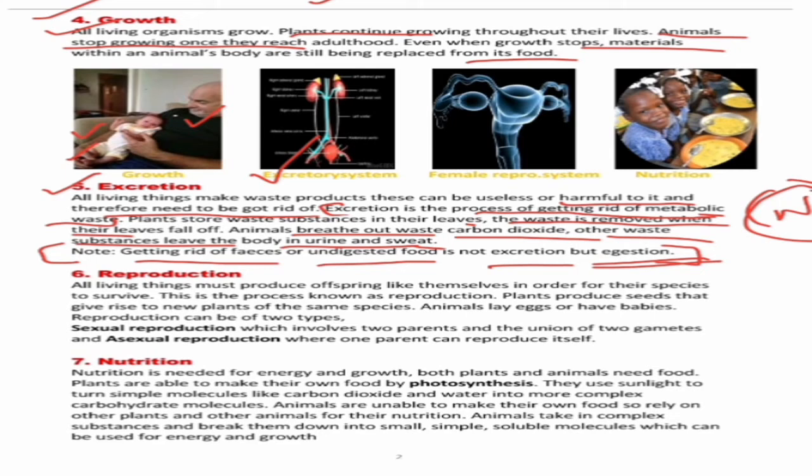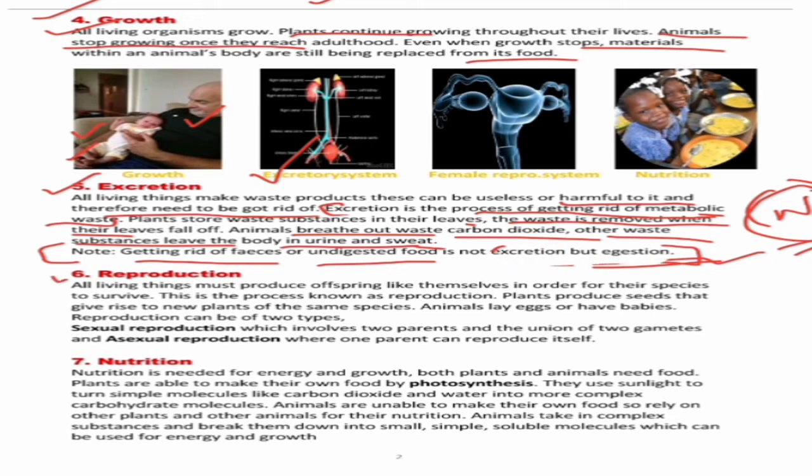Fecal matter undergoes egestion, right? Excretion includes the nitrogenous waste or the waste produced as a result of metabolism. Fecal matter is a result of the process of digestion. It's not a process of metabolism within our blood or anywhere, right? Hope this is clear, right?